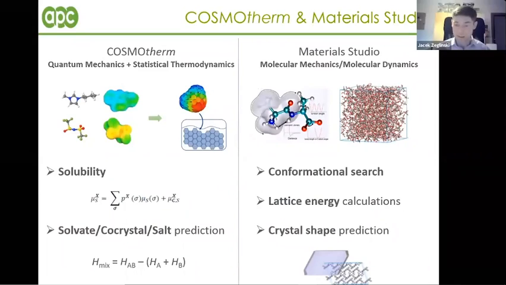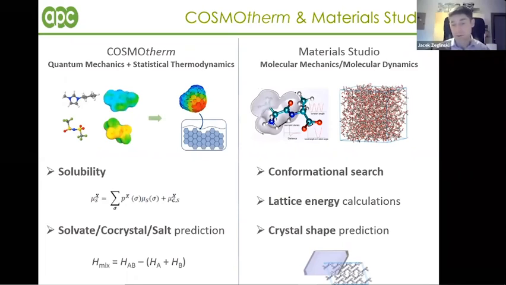And then with Materials Studio, we also do lattice energy calculations or cohesive energy. We visualize crystal lattices. We are looking for imperfections in the lattice channels, for example, or some other structural features. And also we do crystal shape prediction, and we started to do crystal structure predictions.